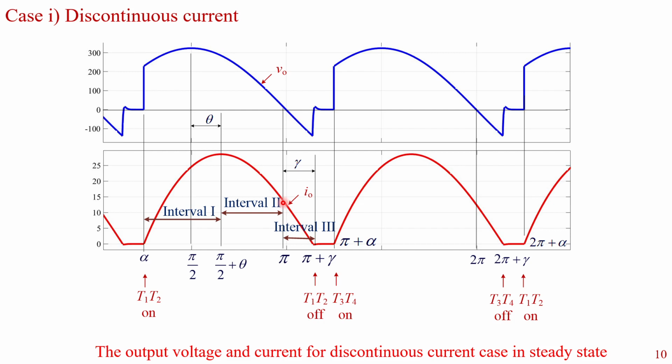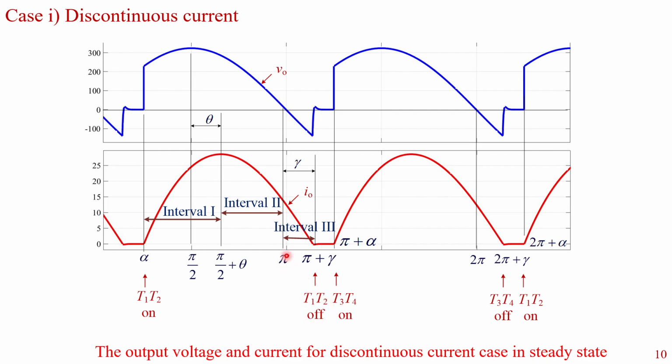So, as the load current is not 0, thyristors T1 and T2 continue to conduct till all the inductive energy becomes 0. At omega t equals pi plus gamma, the inductive energy becomes 0, the current becomes 0, and T1, T2 are turned off.